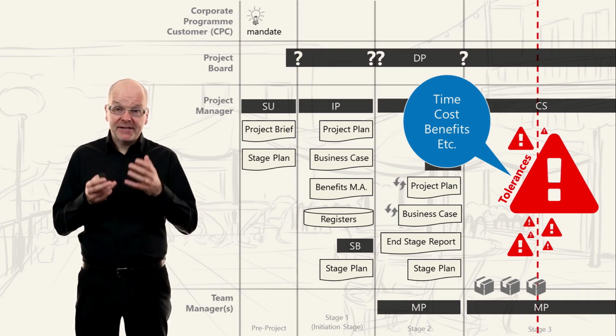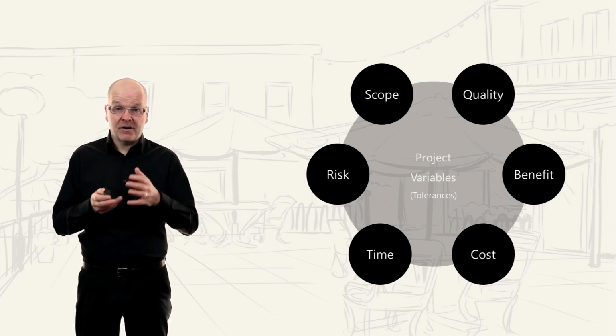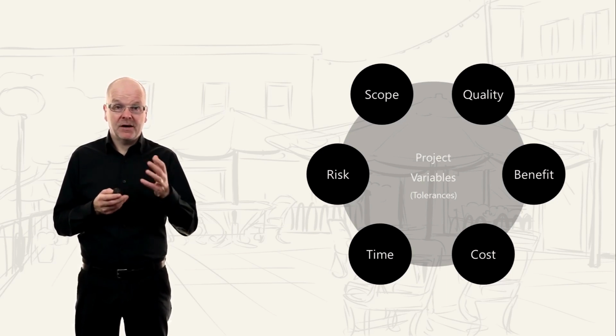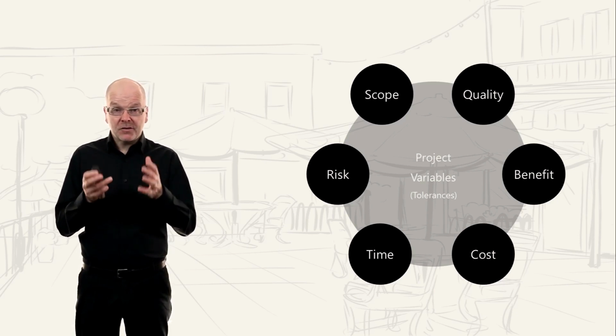Tolerances can be set for time, cost, quality, scope, benefits, and risks, so the 6 project variables. And the most common of these are time, cost, and quality. Now, time and costs are easy to understand, but I will explain a few more. The scope?